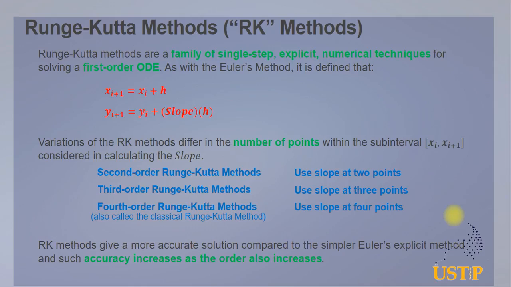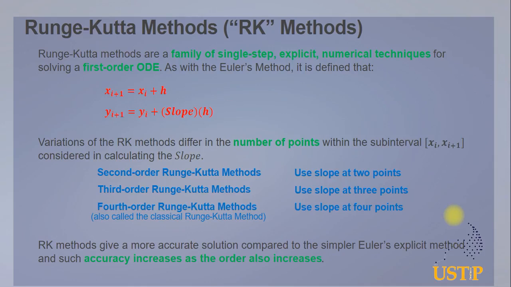Variations of the RK methods, where RK is Runge-Kutta, differ in the number of points within the subinterval x_{i+1}. What do we mean by the number of points within the subinterval?